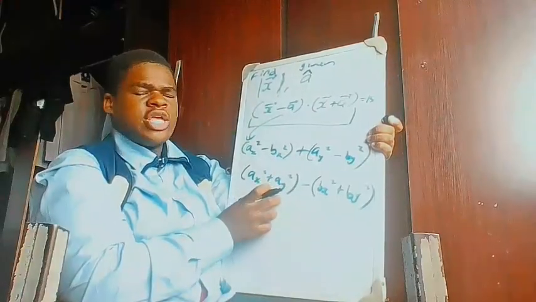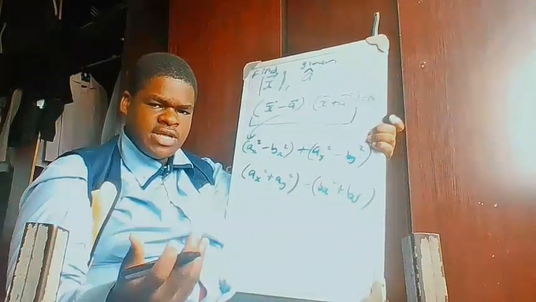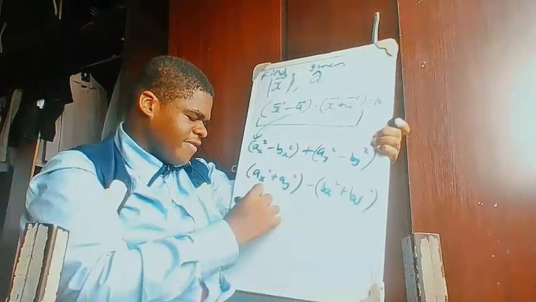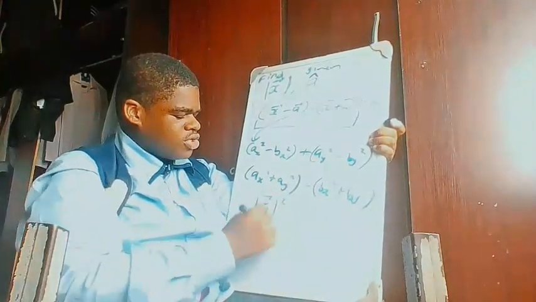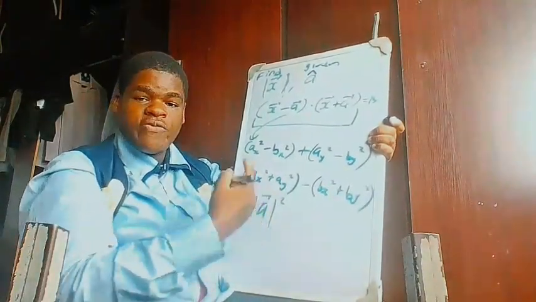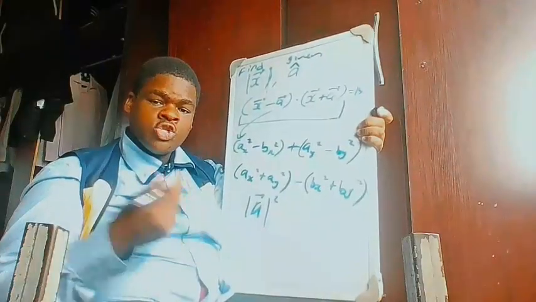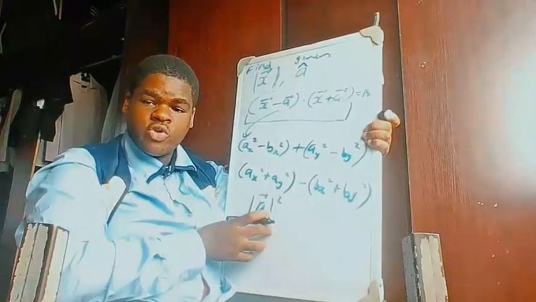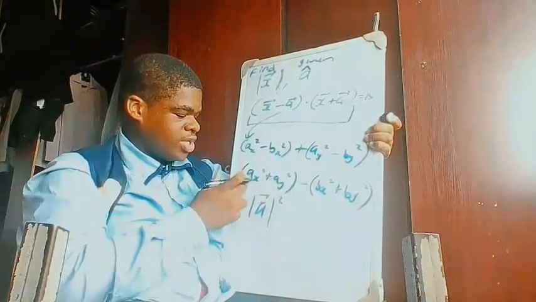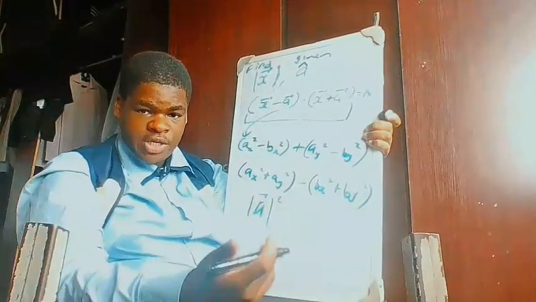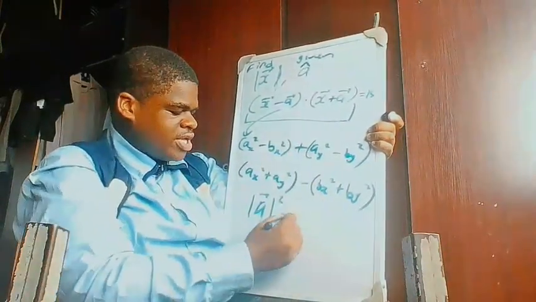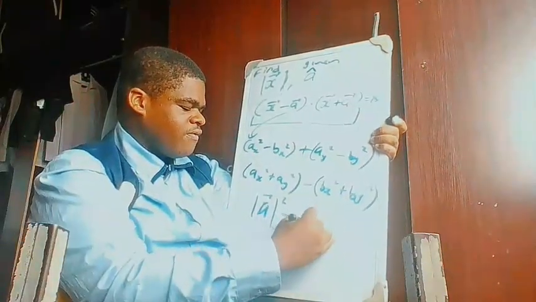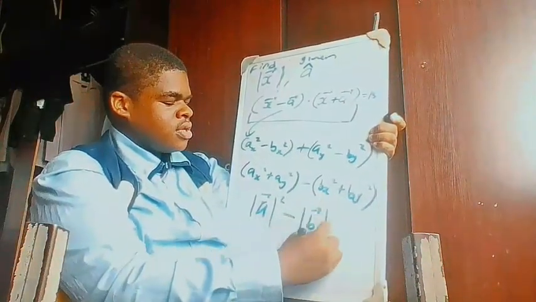Ax squared plus ay squared sounds familiar, and this is the magnitude of vector A all squared. Because remember, the magnitude of vector A is equal to the square root of ax squared plus ay squared. So if you square both sides, you're going to have the magnitude of vector A all squared equal to ax squared plus ay squared. The same thing happens for bx squared plus by squared. This should be minus the magnitude of vector B all squared.